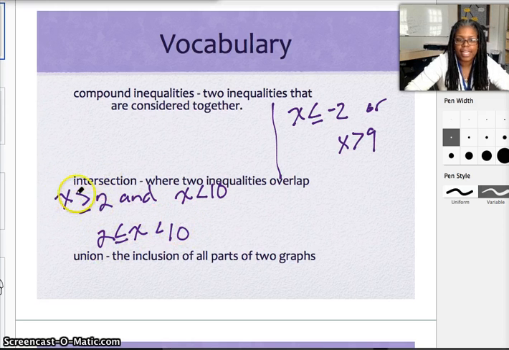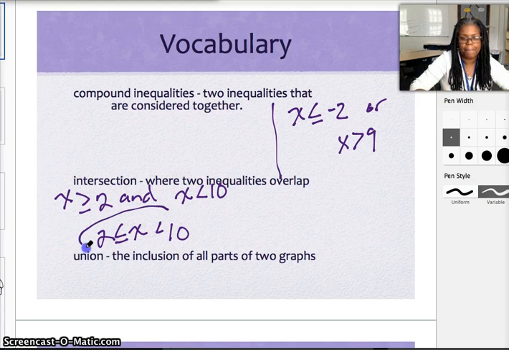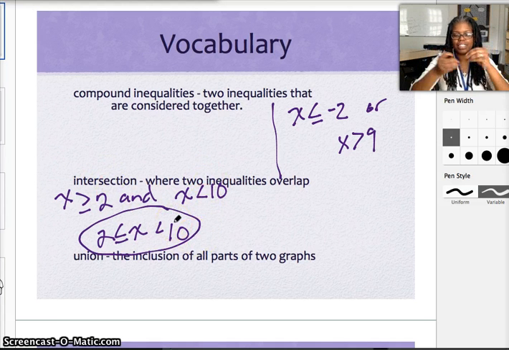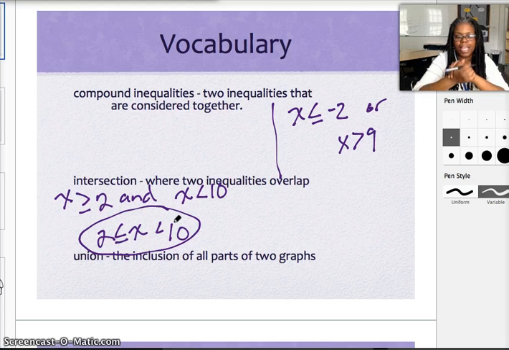Not only is x greater than or equal to 2, but x also must be less than 10. So if you think about this as two sets of numbers, what we're doing is satisfying it by combining them both. So an intersection in math looks like two criteria being held at the same time. So there's the overlap.